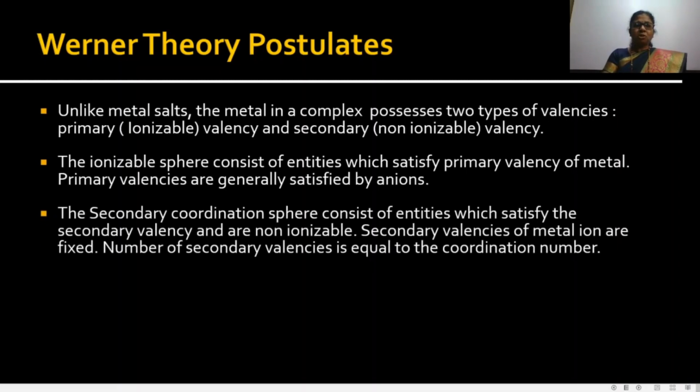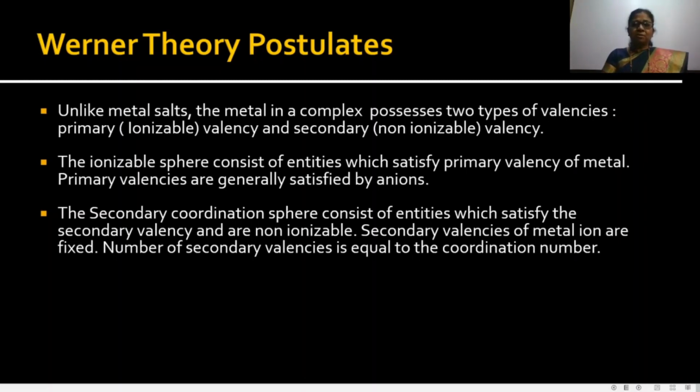Then the third postulate is: the secondary coordination sphere consists of entities which satisfy the secondary valency and are non-ionizable. The secondary valencies of a metal ion are fixed. Also, the number of secondary valencies is equal to the coordination number. It is very important.